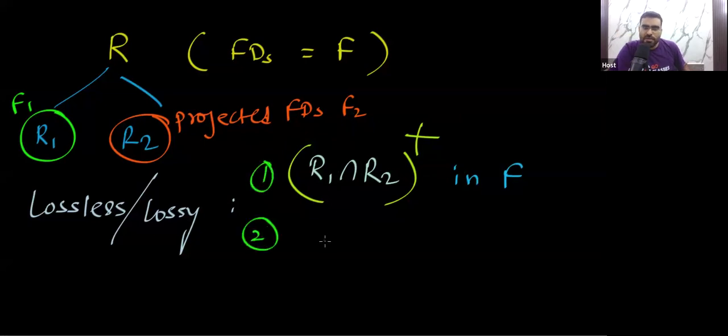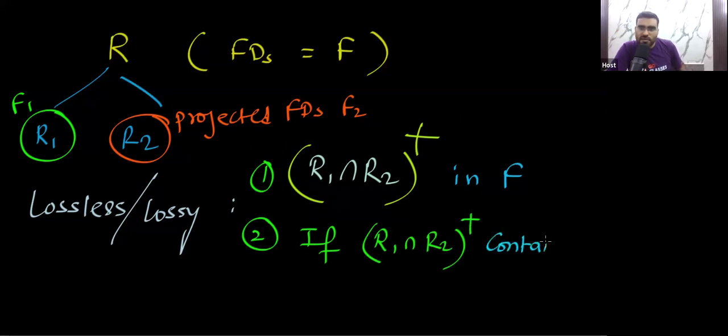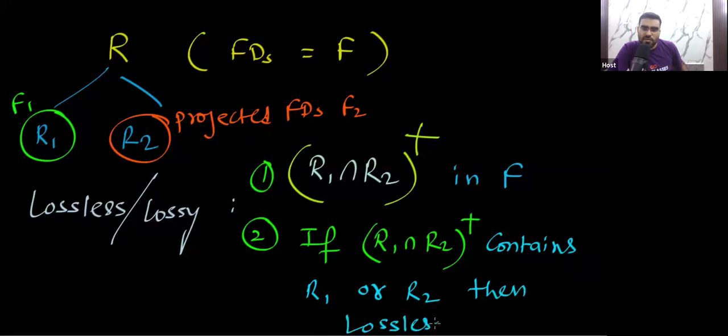What is the second step? The second step is, if the closure of R1 intersection R2 contains R1 or R2, then we can say it is a lossless decomposition.